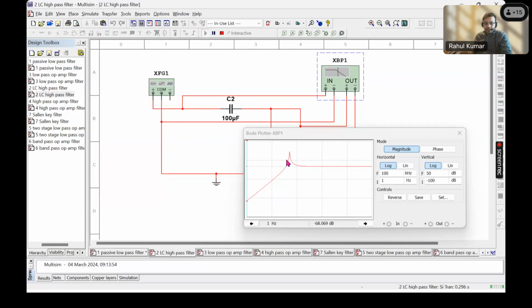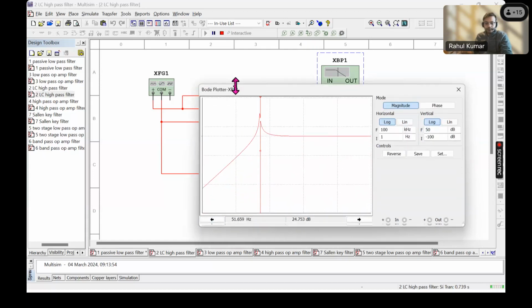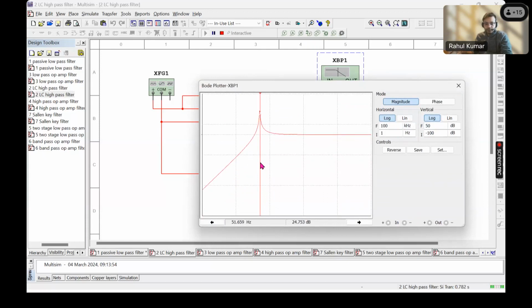Now we are getting a peak here. This peak is at the cutoff. I want to increase the size of this so that it's easier for you to see. That's the peak, and it's around 49.9, approximately 50 hertz.